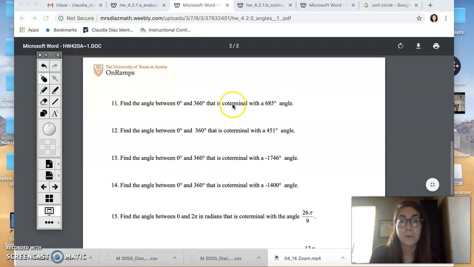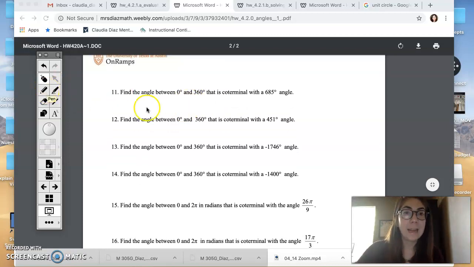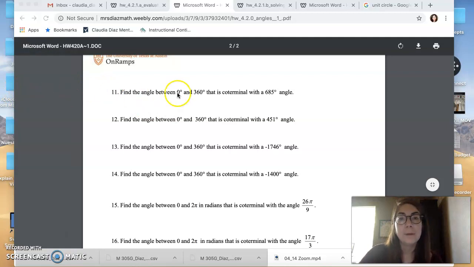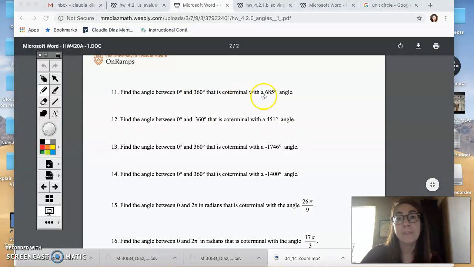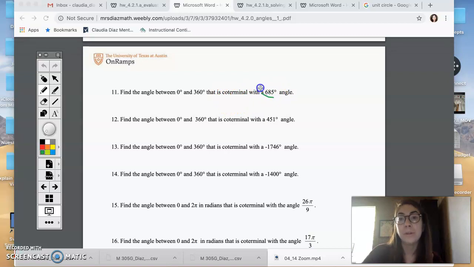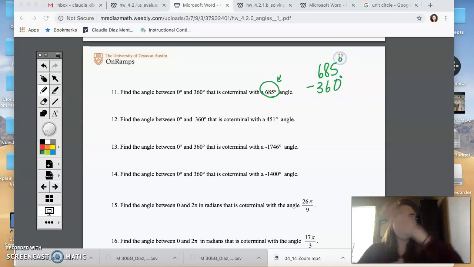I want to actually talk about coterminal. So remember, coterminal means it's an angle that lands in the same spot. It says find the angle between 0 and 360 if it's coterminal with 685 degrees. So first of all, 685 is really big. It's bigger than 360. So we're going to do 685 minus 360, because we're doing a full circle. 360 is a full circle.